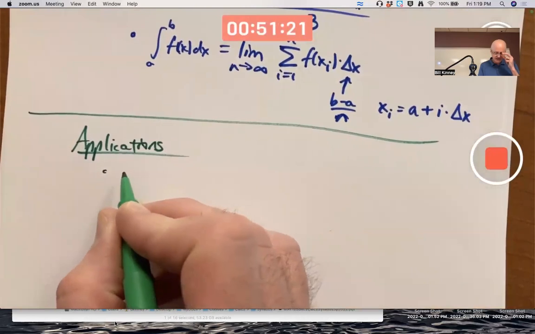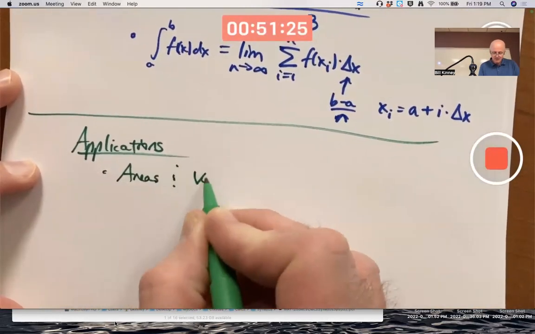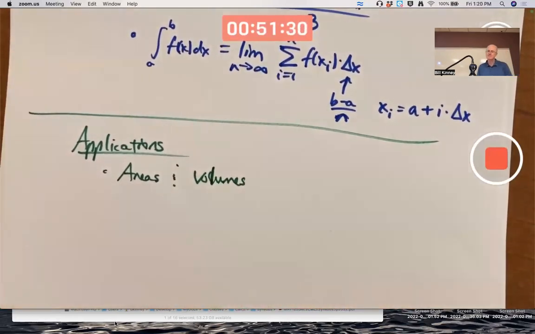Anyway, of course, there are purely geometric applications. There are areas and volumes. This is where we talked about the Riemann sums to help us figure out what integral to do. The Riemann sums were just a hand-wavy kind of tool. Chop up the solid into thin slices.